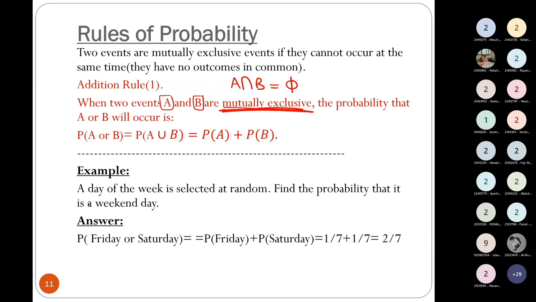Friday and Sunday, this is impossible. The day selected cannot be Friday and Sunday. So the intersection between them equals the empty set.